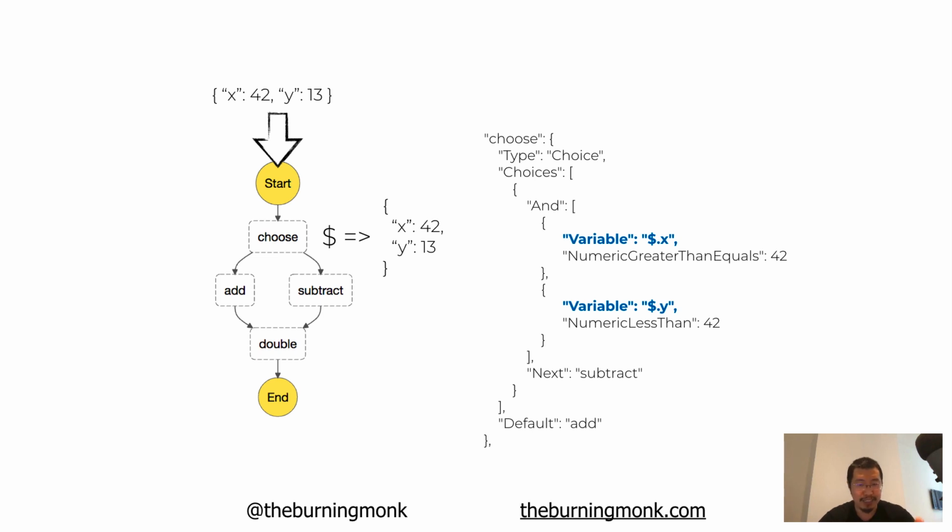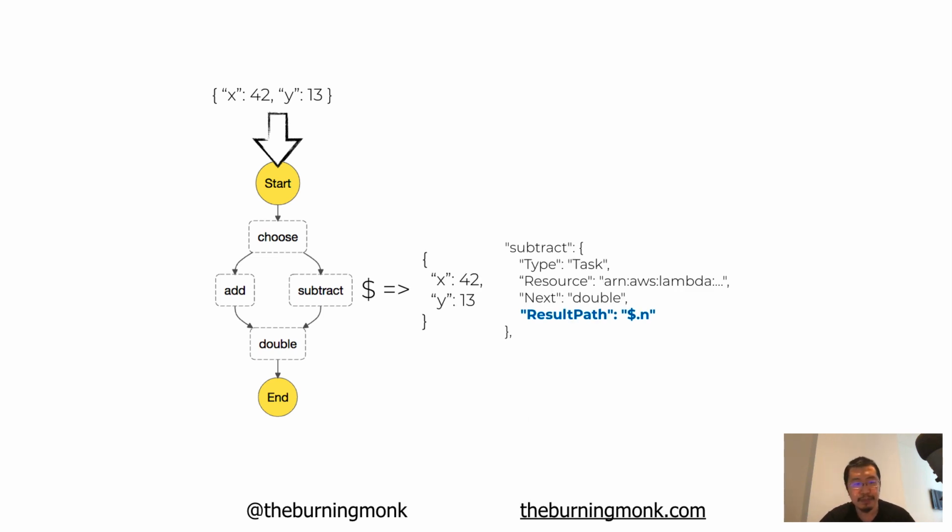In this case, I've got conditional branching logic, and the condition translates to: if x is greater than or equal to 42 and y is less than 42. When it's matched, it transitions to the subtract state, based on our current input of x 42 and y 13.